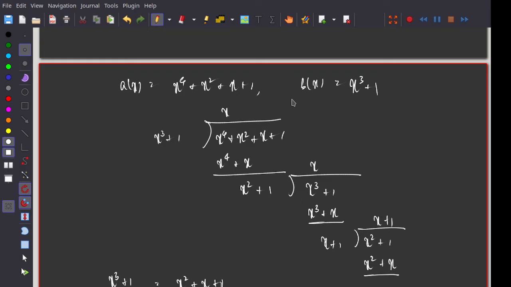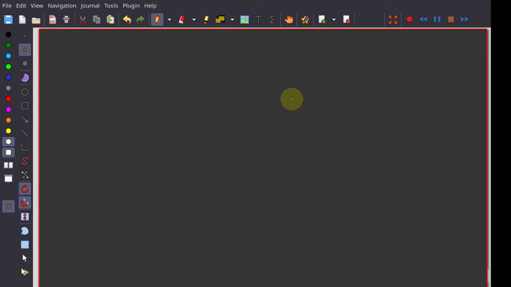What is the definition of a prime number in the set of integers? Yeah, the only numbers which divide that particular number are 1 and itself. Similarly, I'll have a notion of being prime, but here it's not called prime but irreducible.